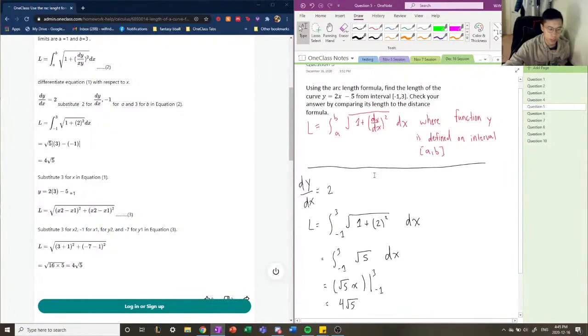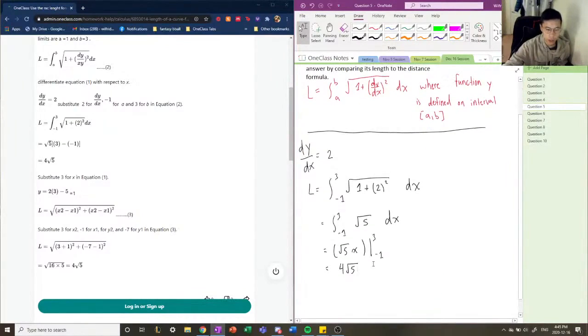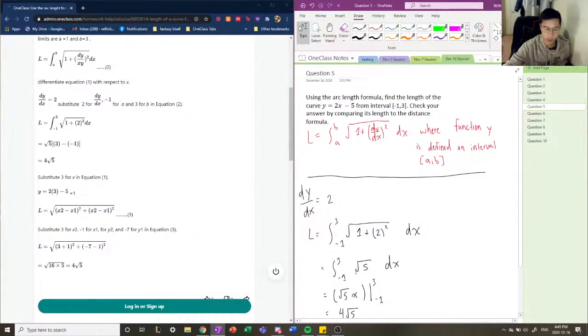They asked us to compare the value calculated from the arc length formula to the distance formula. This distance formula only works when we have a straight line, and here we do have a straight line, so we can use it.